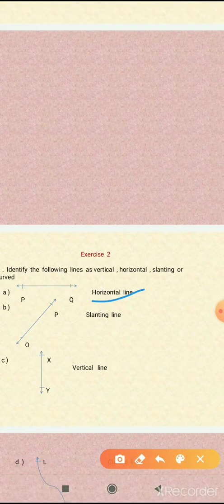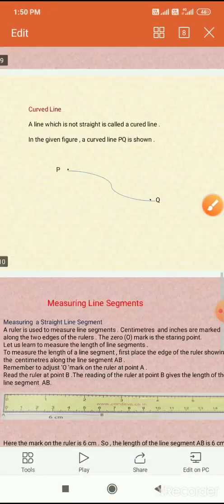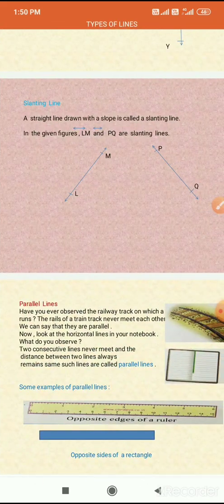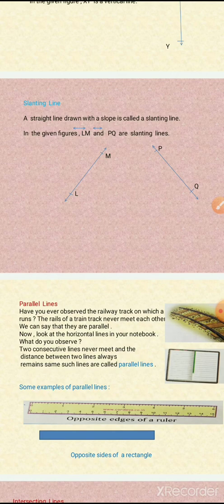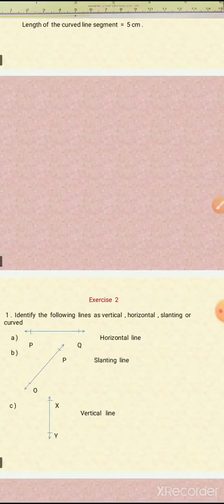Okay. The second figure is a slanting line. What is meant by a slanting line? A straight line drawn with a slope is called a slanting line. So the second figure is of a slanting line.